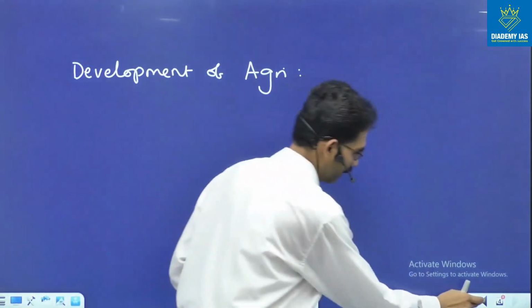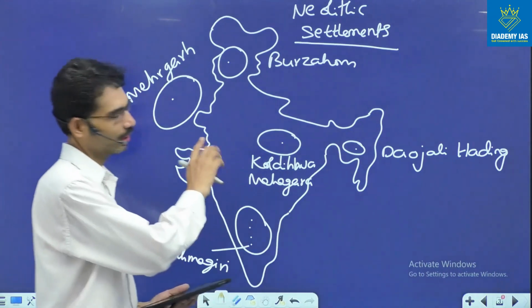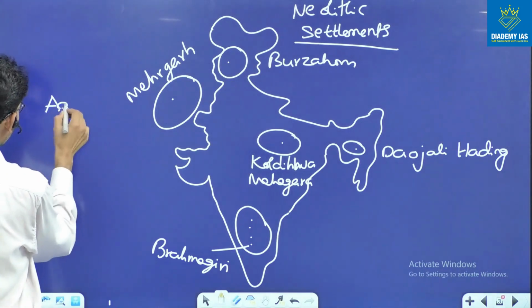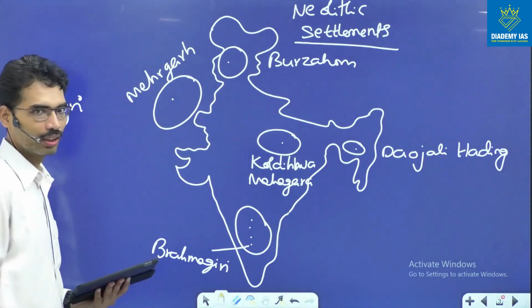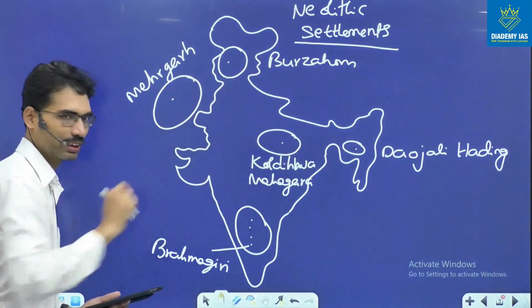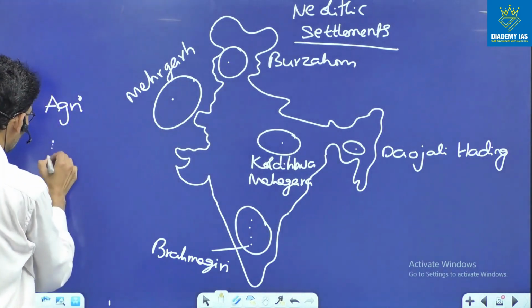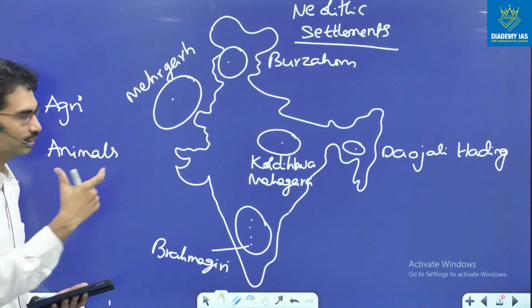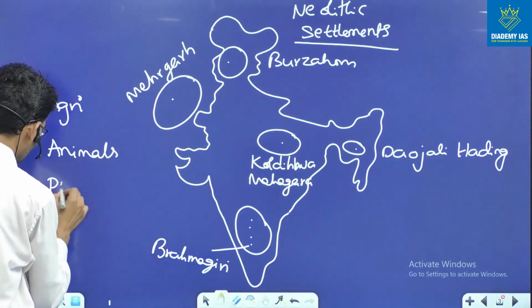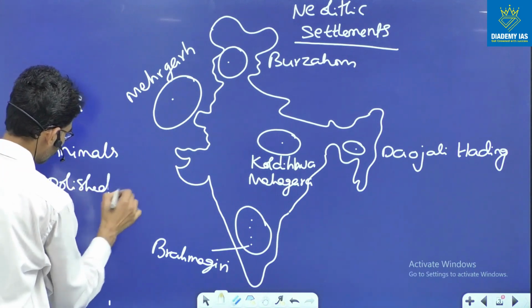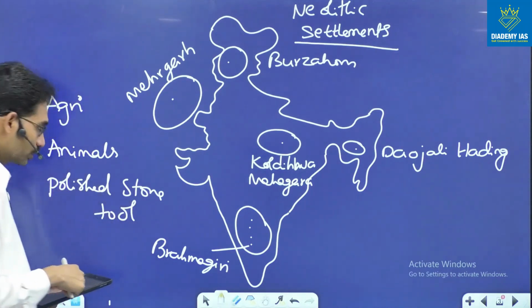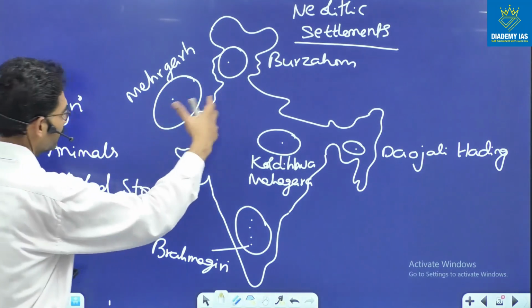For example, don't write this here, it is just for your explanation. In these places, different people practiced agriculture, then they domesticated animals also. The technology they used is polished stone tools.